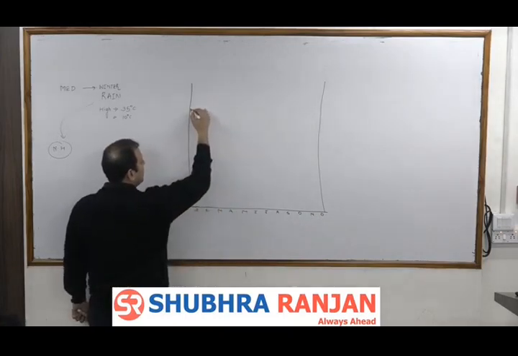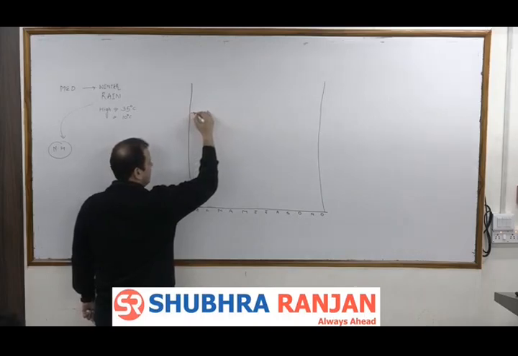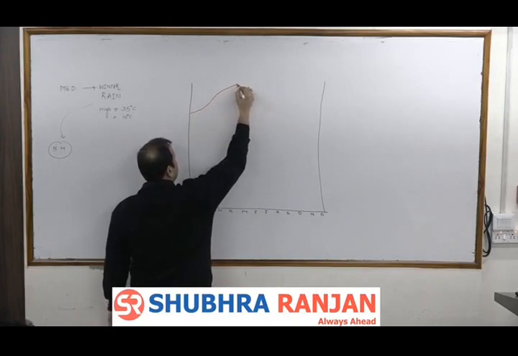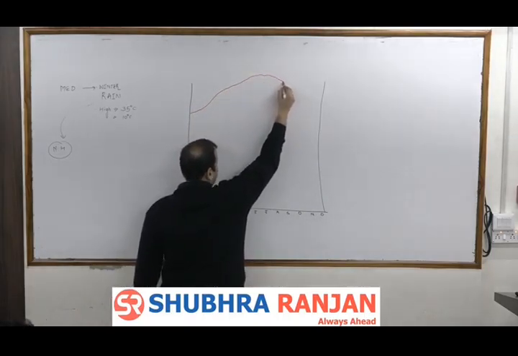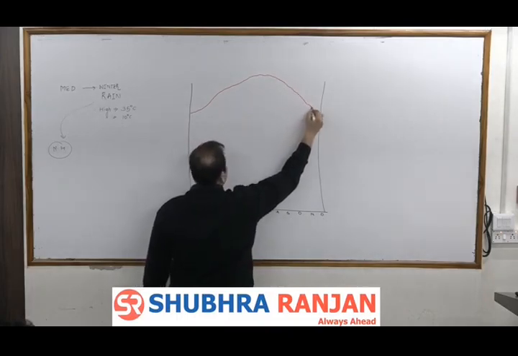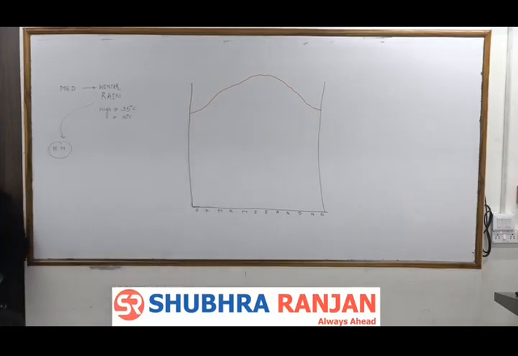So if I want to show temperature on the graph, the temperature is very less in Jan. It goes on increasing in the month of Feb. In March it increases. In April it is very, very high. May, June, July, August also it is high. In October it will start decreasing, and again it will decrease in the month of November and December. What does this tell us? It tells us that this place is in the northern hemisphere.